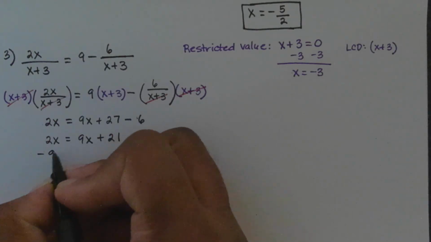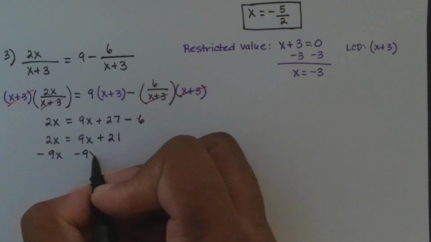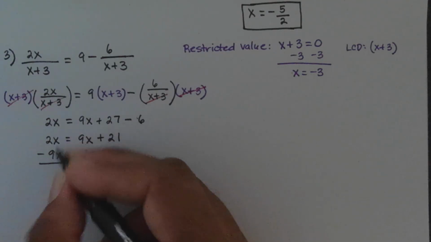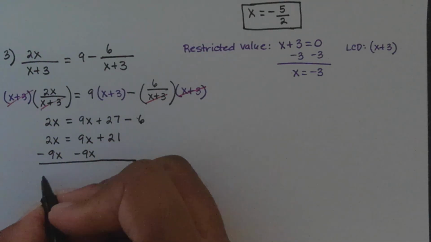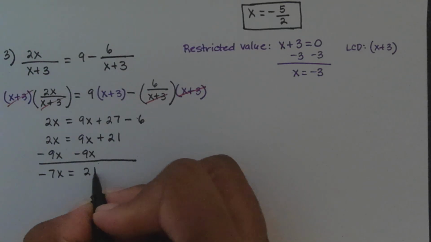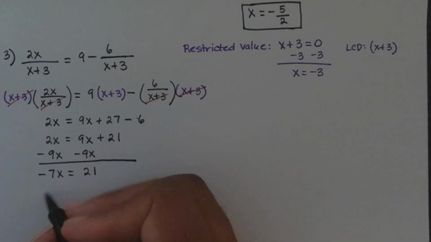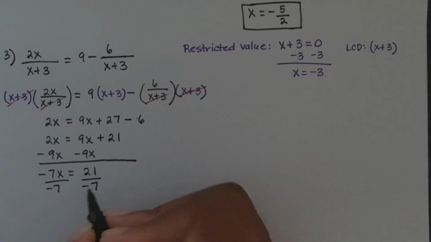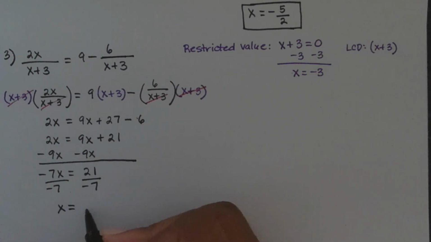Subtracting 9x. So here 2x minus 9x will be what? Negative 7x, and that's equal to 21. And then to solve for x, I need to divide by negative 7. So x is equal to negative 3.